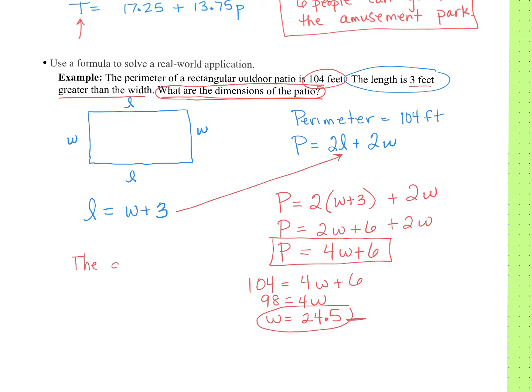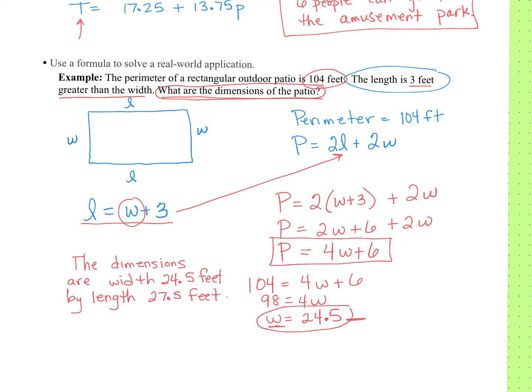So we're going to say the dimensions are a width, that's what we solved for, W, of 24.5 feet by length, and length is that W value that we found plus 3, so 27.5 feet.